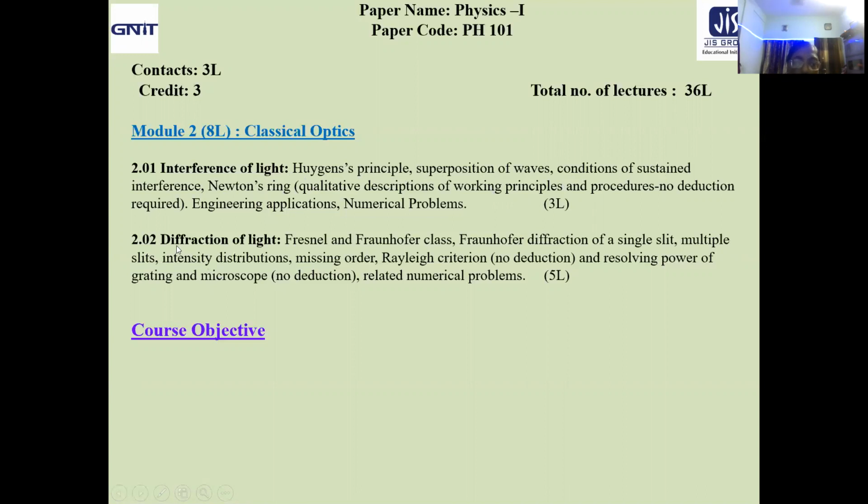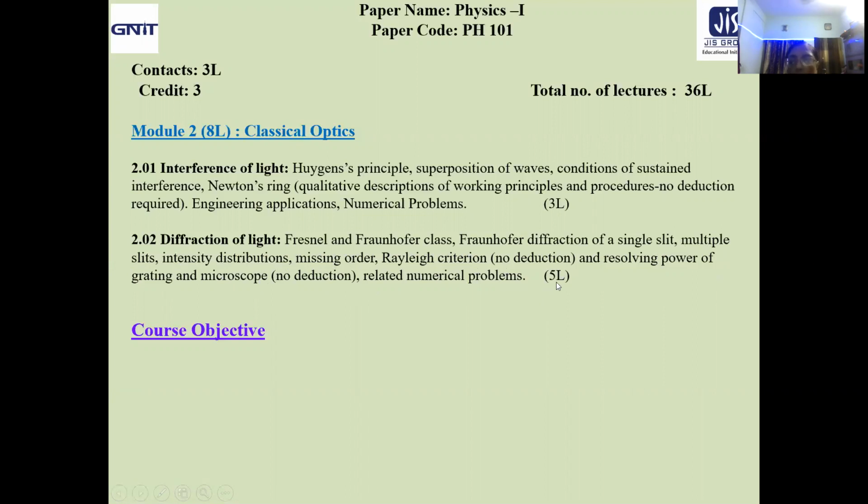Now, in submodule 2.02, we will discuss diffraction of light in the form of Fresnel and Fraunhofer class, Fraunhofer diffraction of a single slit, multiple slits, intensity distributions, missing order, Rayleigh criterion, and resolving power of grating and microscope, and related numerical problems.